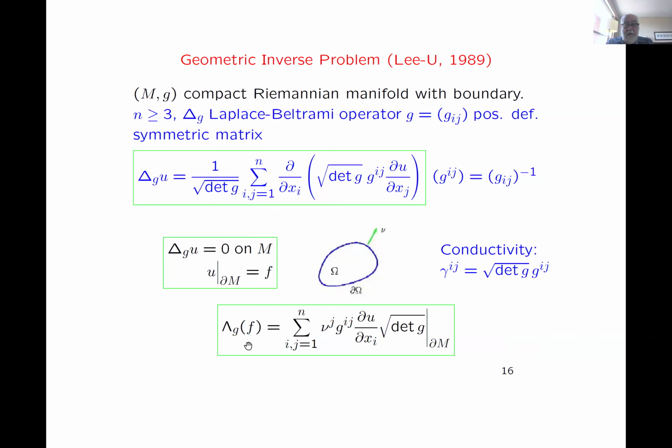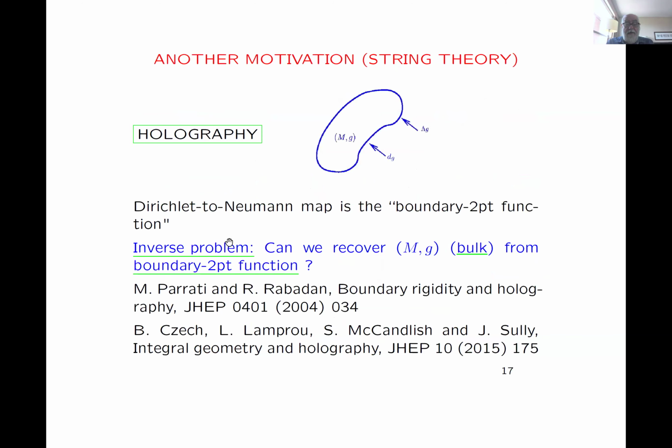And this question on manifolds also arises in holography. The question is whether you can recover the bulk, as it's called, the manifold, and the metric from, in the case of the Dirichlet-Neumann map, what is called the boundary two-point function. It's like the outgoing Green's function calculated at the boundary.